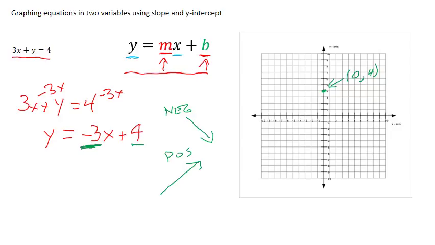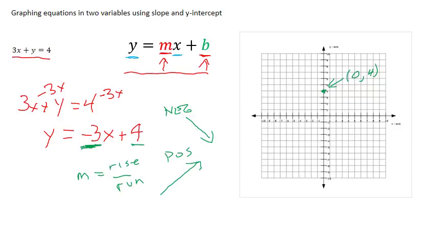So the general form of slope is equal to rise over run, as we've heard so often. The rise represents the change in the y direction. The run represents the change in the x direction. So we have a negative 3 slope.